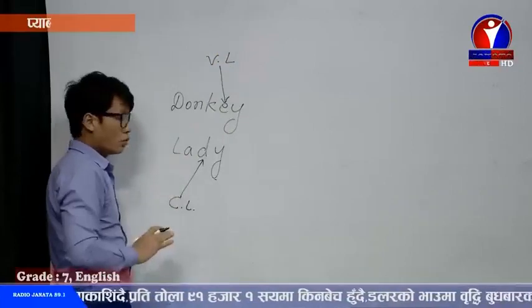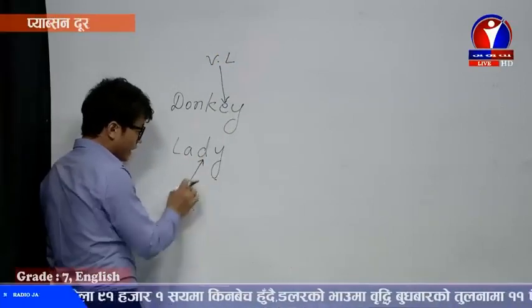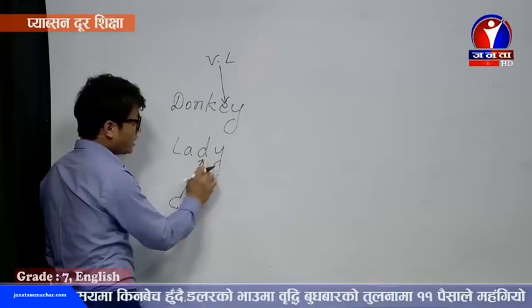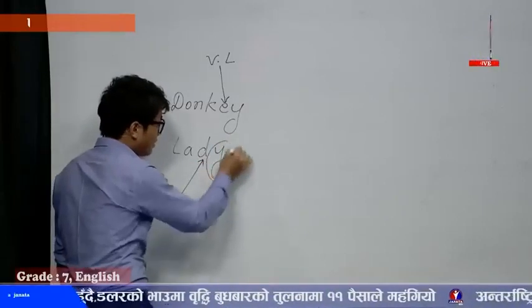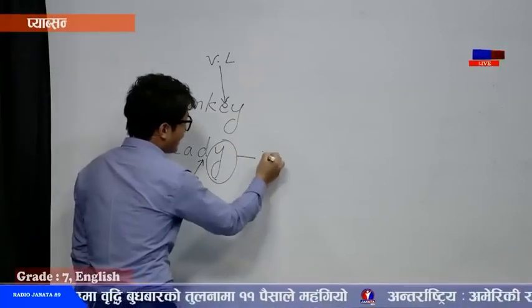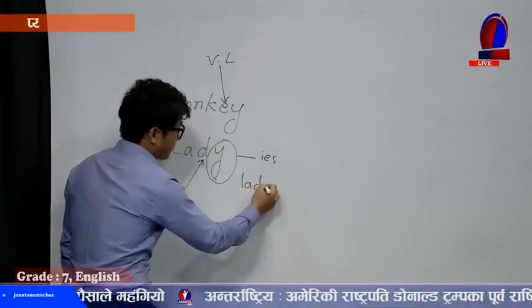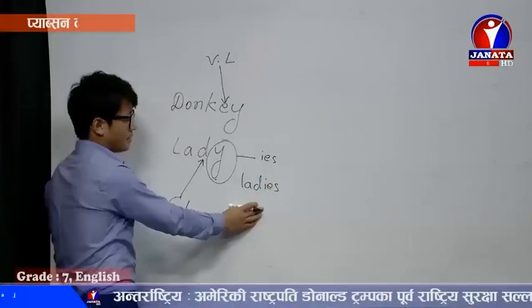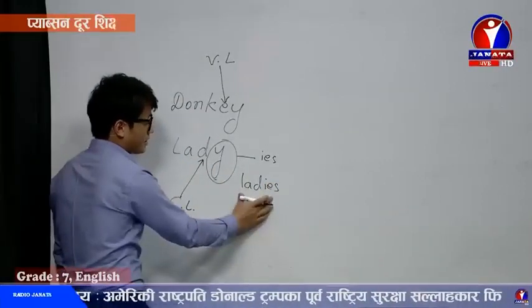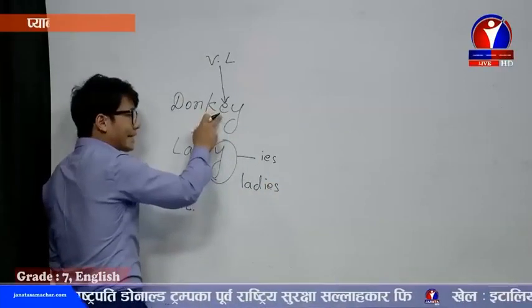So according to the rule, if there is a consonant letter before Y, then we need to change this Y letter into I-E-S. And it becomes L-A-D-I-E-S, ladies. Lady, ladies.